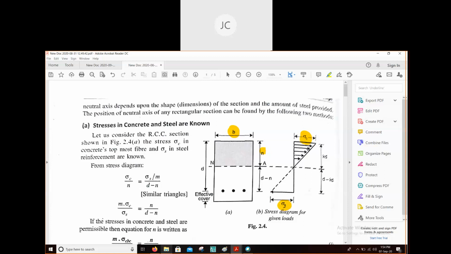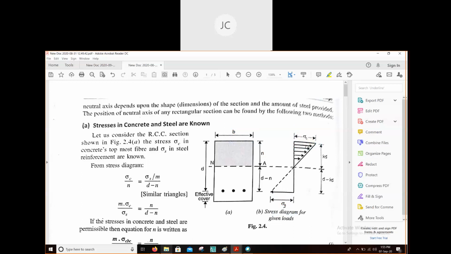Okay, so now we need to find out the stress at 50 millimeter from the top layer, somewhere here. We need to find out this value. Can you find it from this diagram? Anyone have any idea?